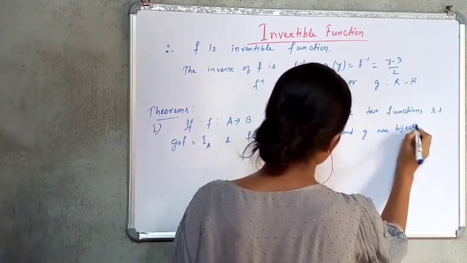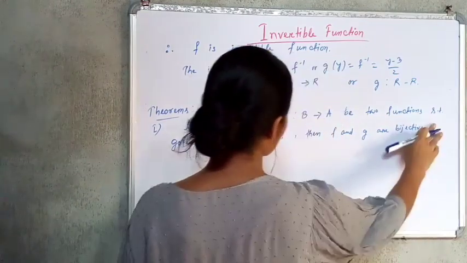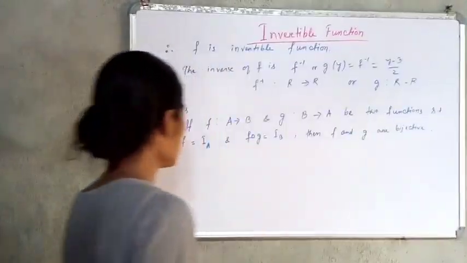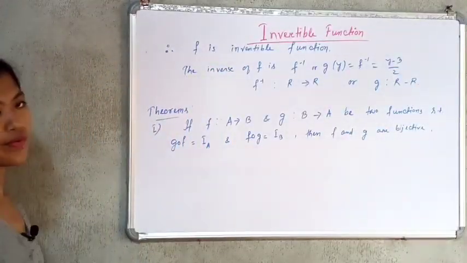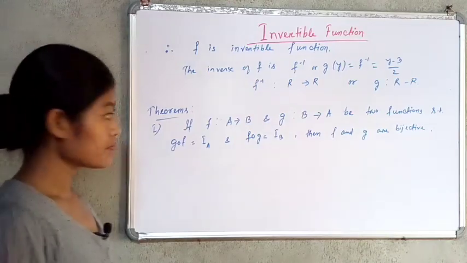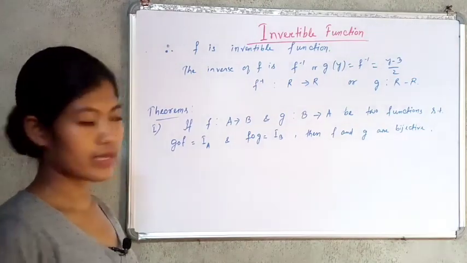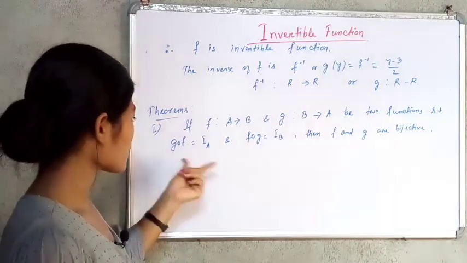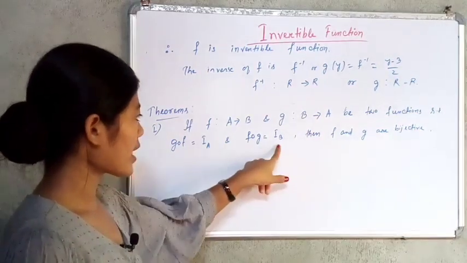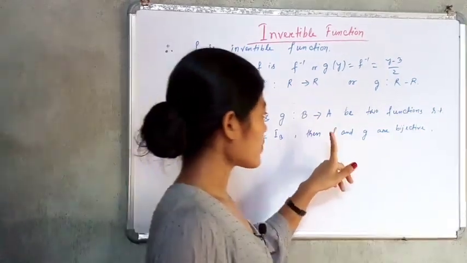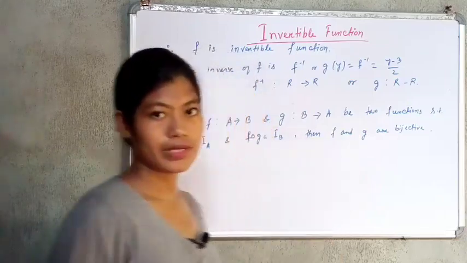So this is the first theorem. If a function f from A to B and g from B to A are two functions such that their composite function g o f is equal to I_A and f o g equals I_B, then the functions f and g are bijective.